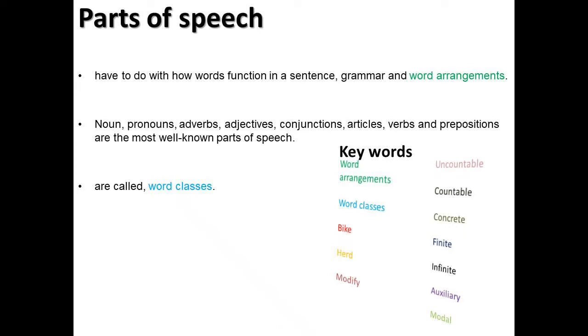It's nouns, pronouns, adverbs, adjectives, conjunctions, articles, verbs, prepositions, and a lot more.